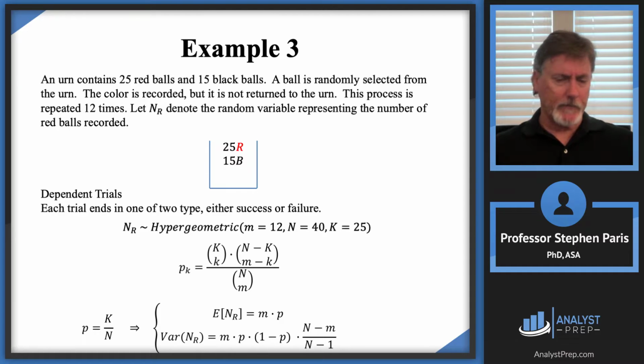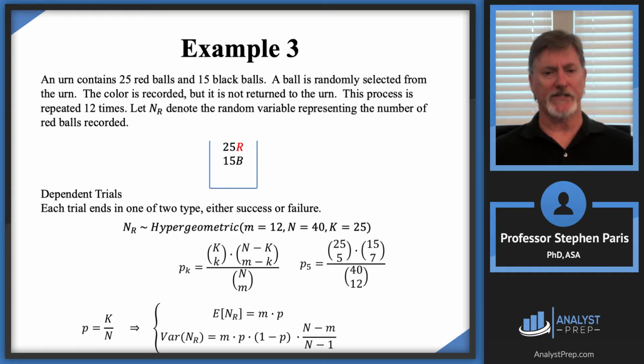Again, let's move on to the lower two formulas. These are the formulas for the expected value and the variance, but the p sub k, it looks complicated, but it's really not that complicated once you have a specific example, like how we calculated this p sub 5.